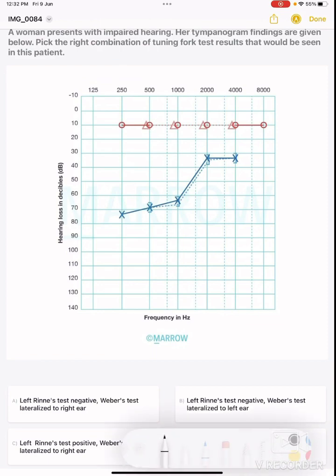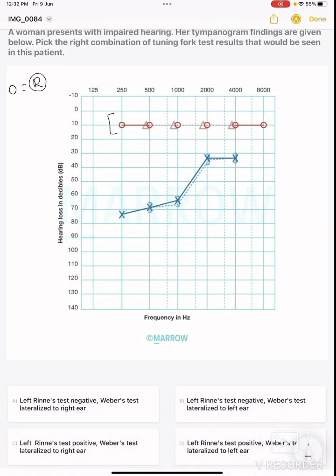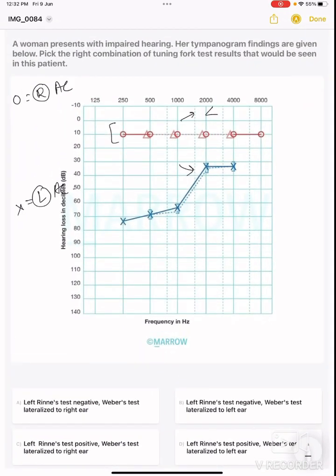First of all, if we see this particular graph, this stands for right-sided air conduction, and over here we can see X, this stands for left-sided air conduction. We can also see that this graph also has a sign like this and a sign like this.